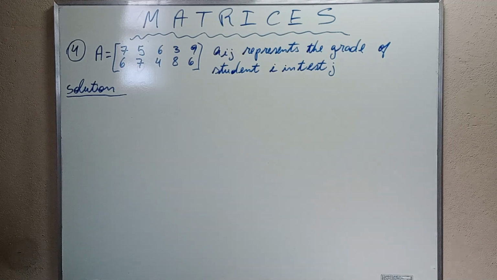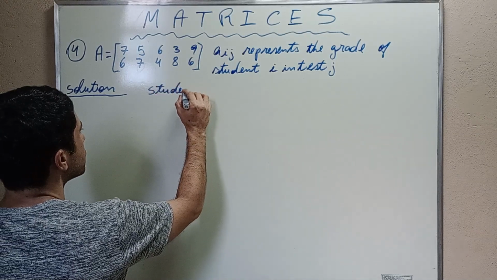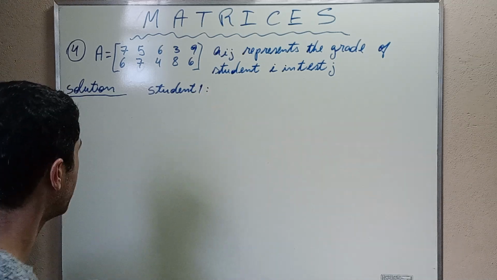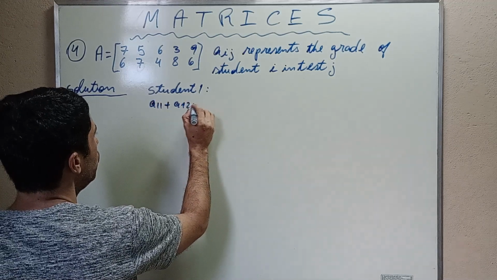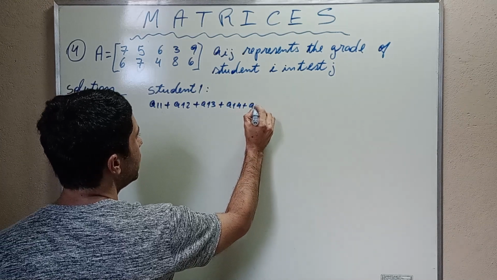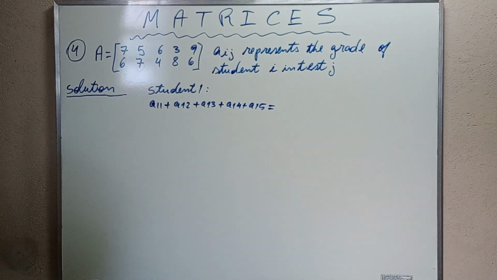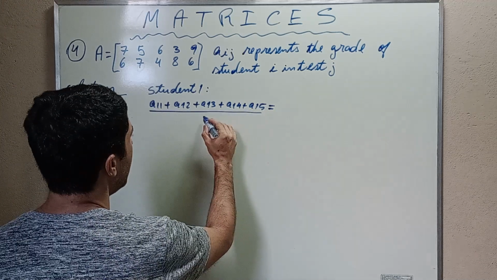The average grade of student 1 will be A11 plus A12 plus A13 plus A14 plus A15. The exercise said that they took 5 exams. The average is this divided by 5.